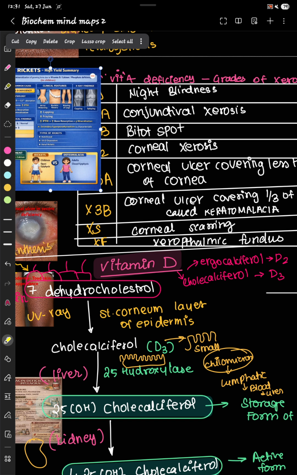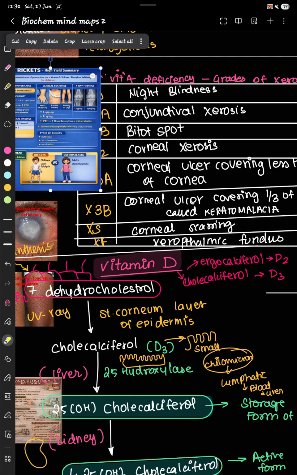On exposure to UV rays from sunlight, this 7-dehydrocholesterol is converted into cholecalciferol. These cholecalciferols are vitamin D3.